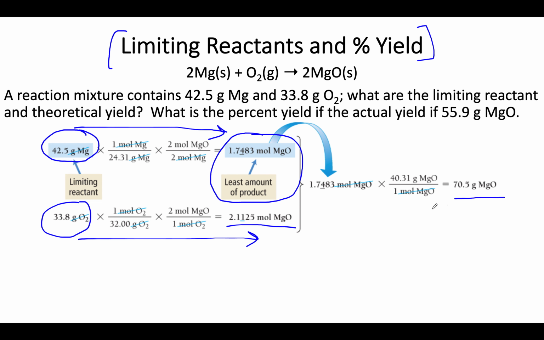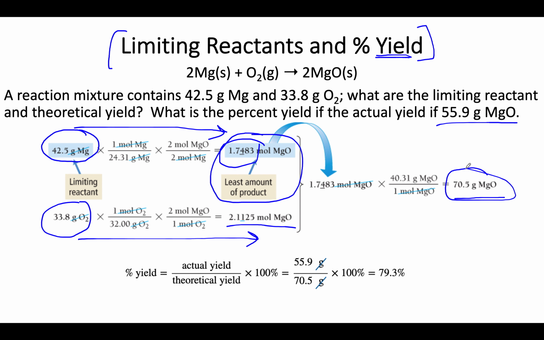So you get your theoretical yield in grams. What we're interested in is, if that's the theoretical yield, how good was this reaction if they collected 55.9. So it's really important to be able to identify what's the actual yield, how do you calculate the percent yield, what's the theoretical yield here in terms of moles or grams.